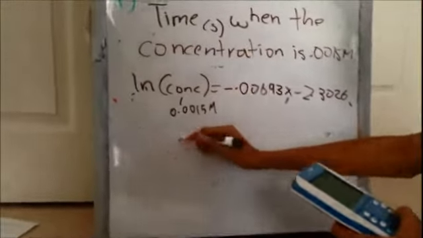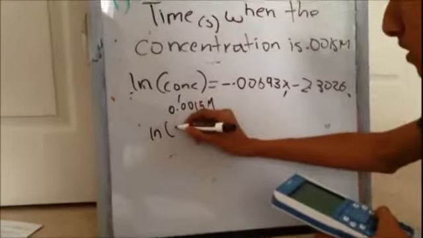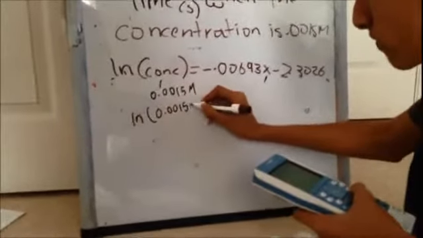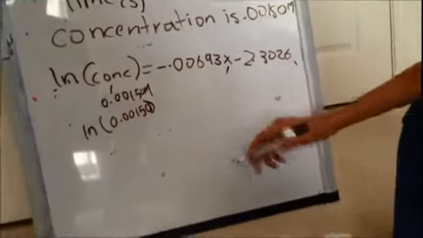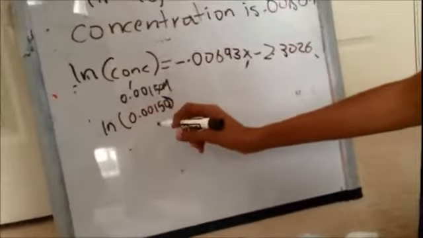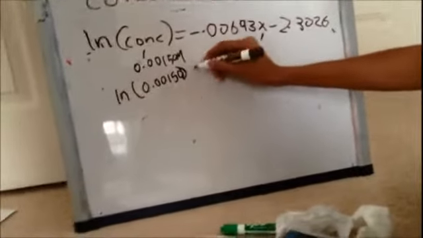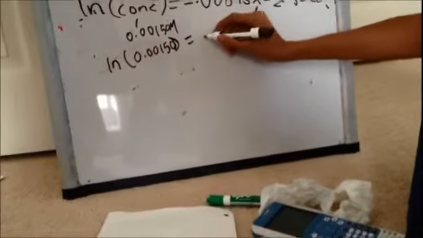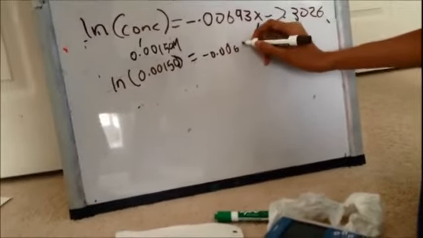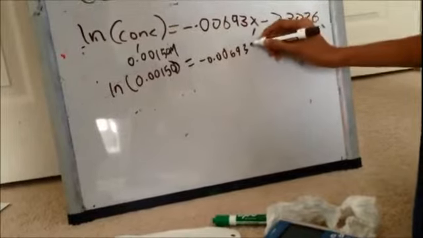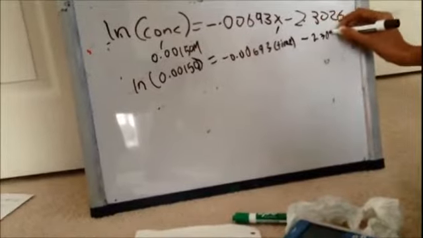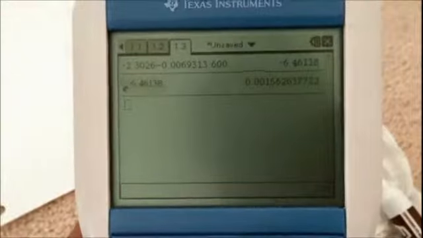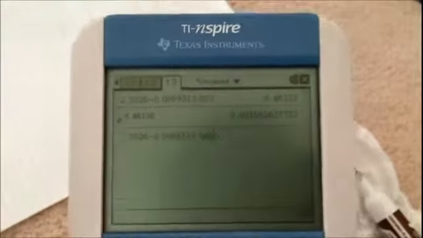So we set up our equation: natural log of the concentration, 0.00150, equal to negative 0.00693 times time, which we're trying to solve for, minus 2.3026.